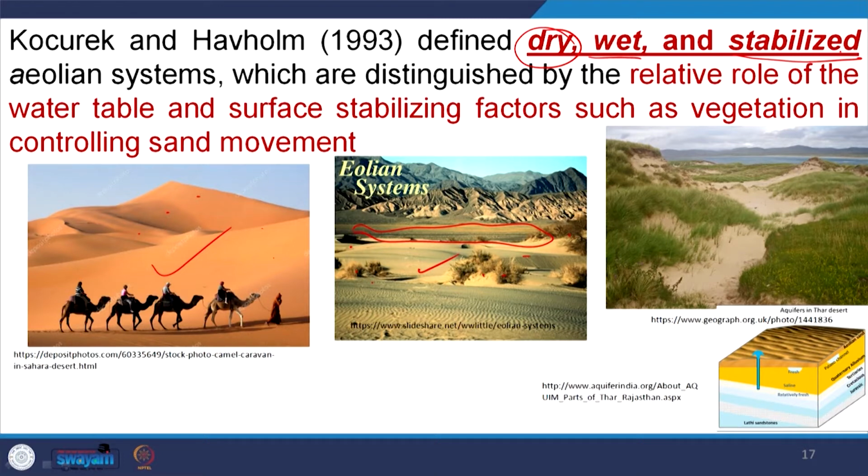In that case there are two ways of stabilization. One, and the most effective way, is vegetation. Once we allow the vegetation to grow on the dune surface, the wind's effectiveness will reduce, and finally there will be less migration or no further migration of the dune. This is called a totally stabilized dune.